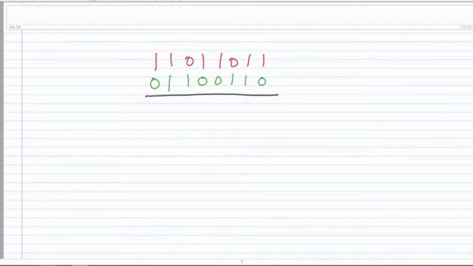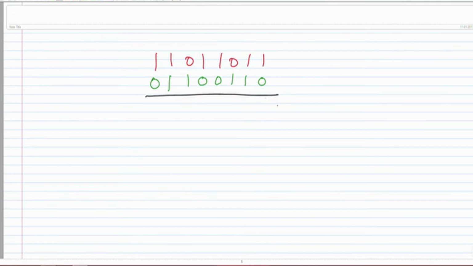So, we will start with where we left yesterday. Suppose I want to add... so the sum bit here is 1. I am writing the carries.